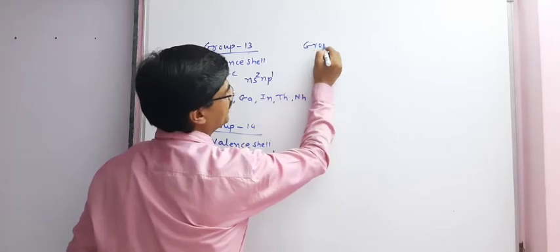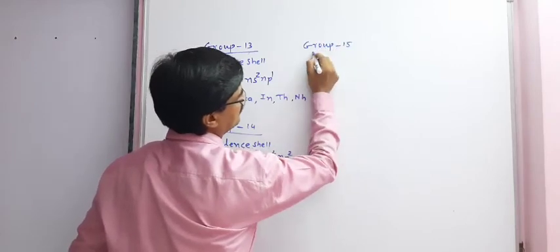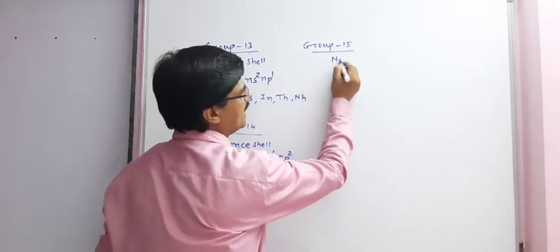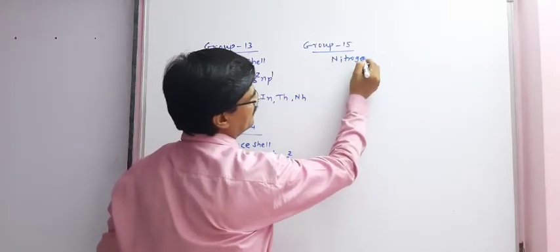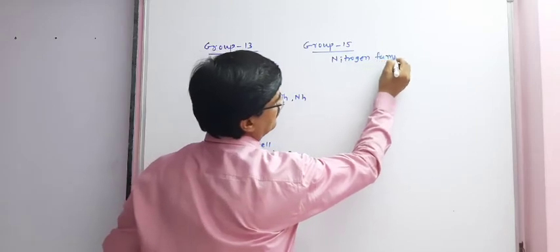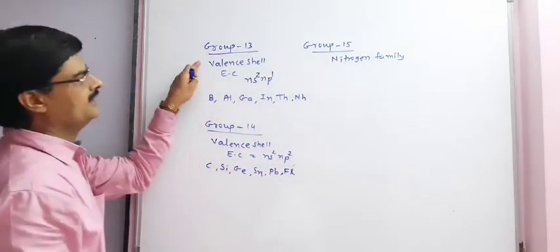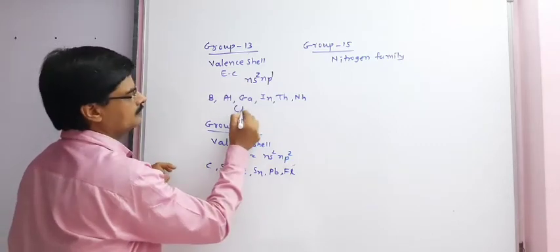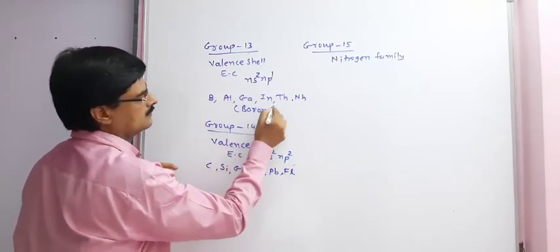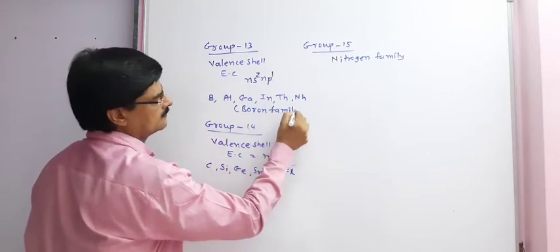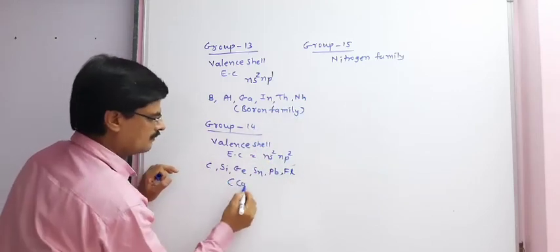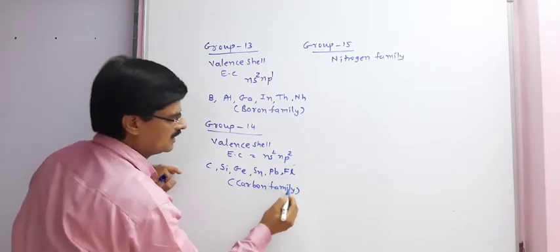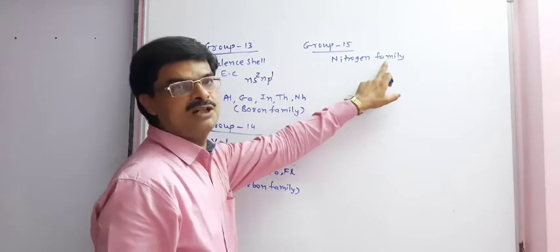Group number 15. Group number 15 is also known as the nitrogen family. This is the boron family, this is the carbon family, and in the same way this is known as the nitrogen family.